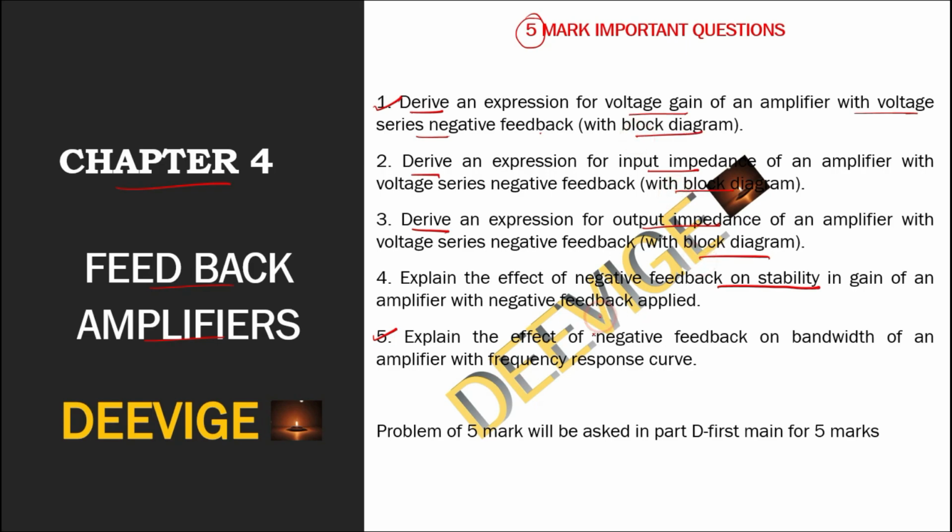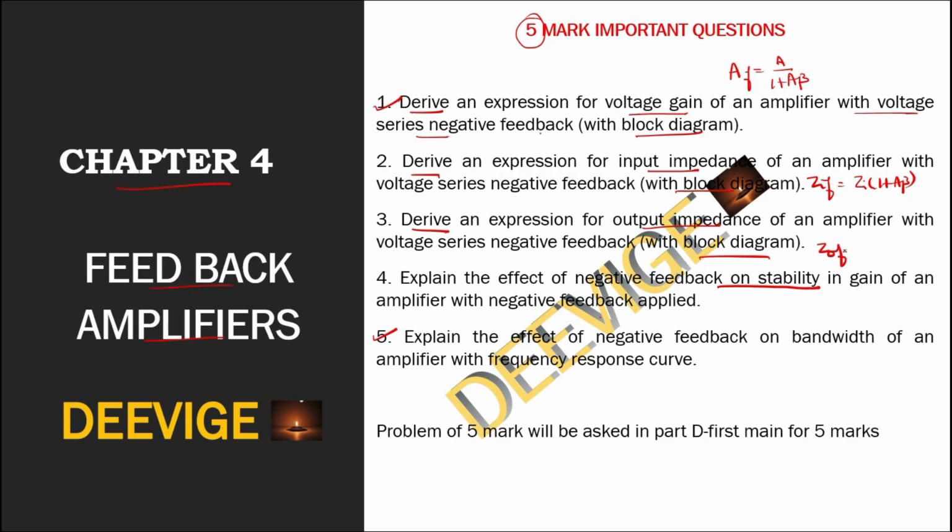This is mandatory. So explain the effect of voltage gain, input impedance, output impedance with the application of feedback. What is the new formula? For a simple understanding, the derivation you should do is AF is equal to A by 1 plus A beta. ZIF is equal to ZI into 1 plus A beta.